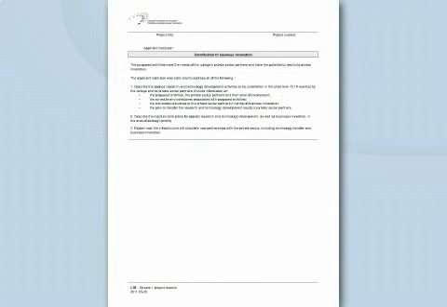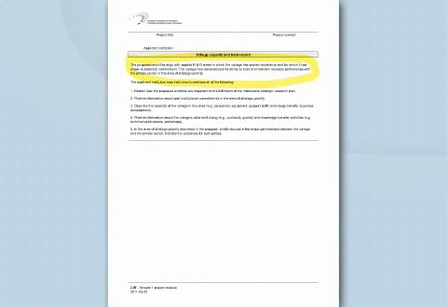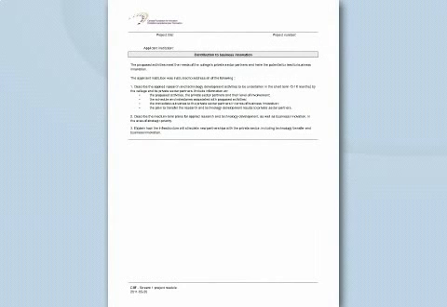Now if I go back to the application form. Contribution to business innovation. This is really the core of the proposal.